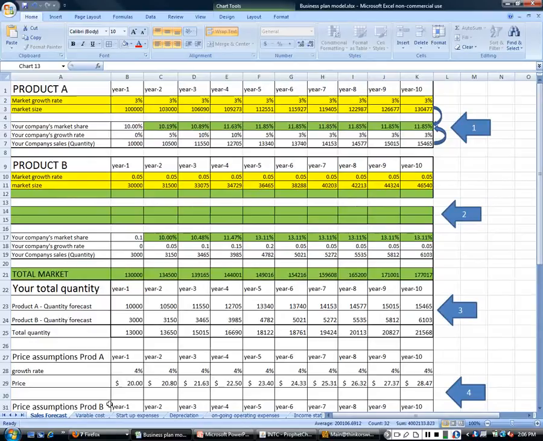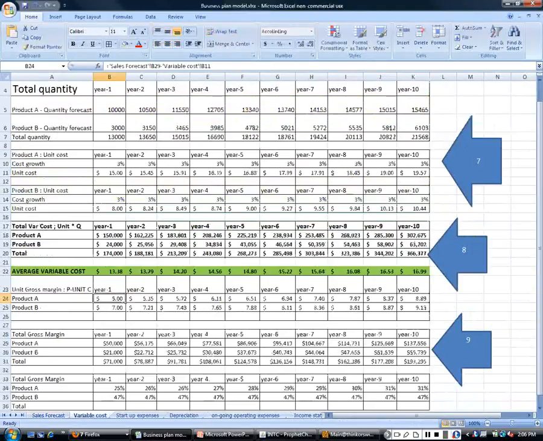What do I mean by that? Variable cost, for example, we multiplied by the quantity. Okay, and so we need the quantity. I have quantity up here, but as you can see at the top where you can see the formula, it is pulling from the sales tab. And that's what you want to do.